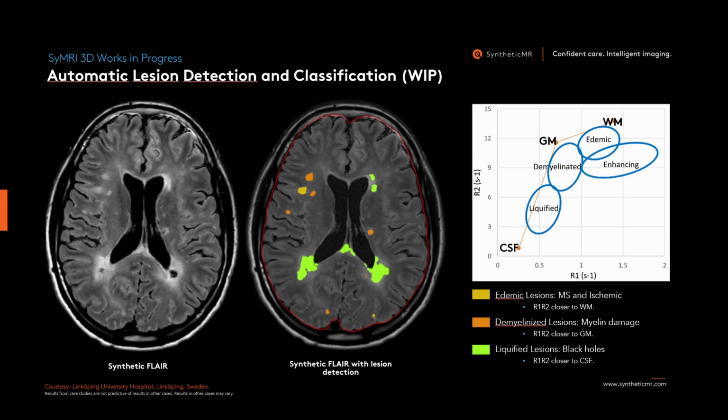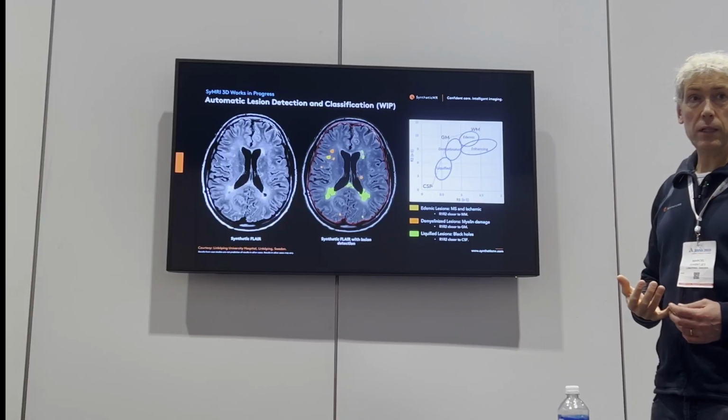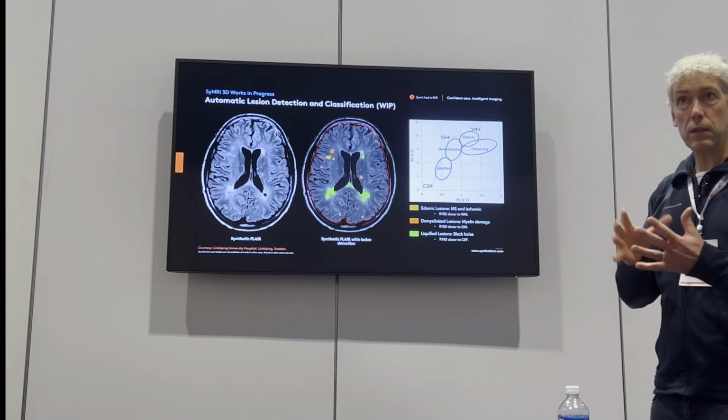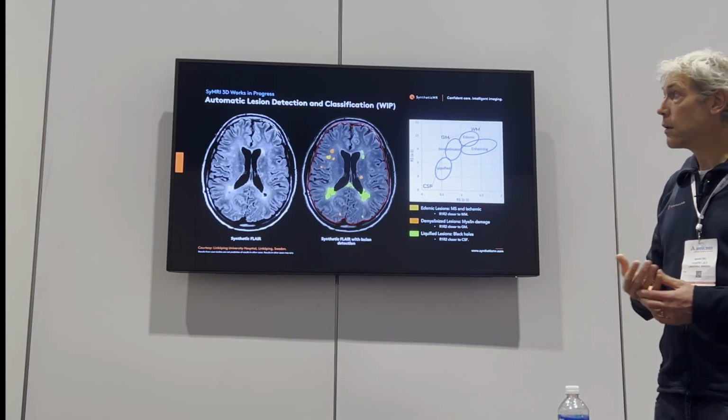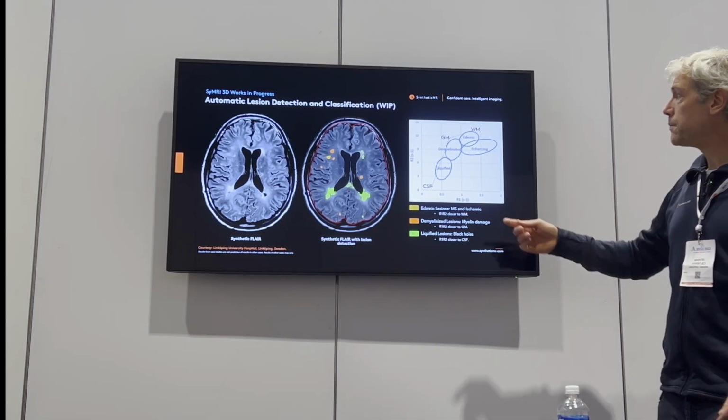If you find all the spots on the FLAIR, you can still put them in different areas. All these spots would be white for FLAIR. But we see differences, and kind of like a first suggestion, we think that here closer to the white matter are more the edematous lesions that don't show so much demyelination yet, but have edema. Therefore, they swell up and show up in the FLAIR.